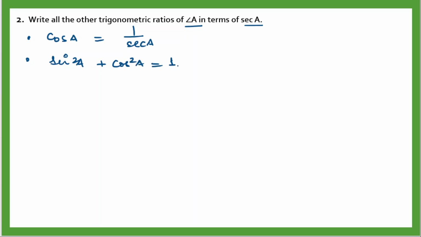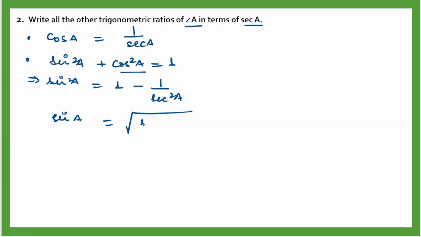This is your trigonometric identity. So you can write sin square A is equal to 1 minus cos square A, which is 1 minus 1 upon sec square A. So you can write sin A is equal to under root of sec square A minus 1 divided by sec square A. Okay. Any doubt?